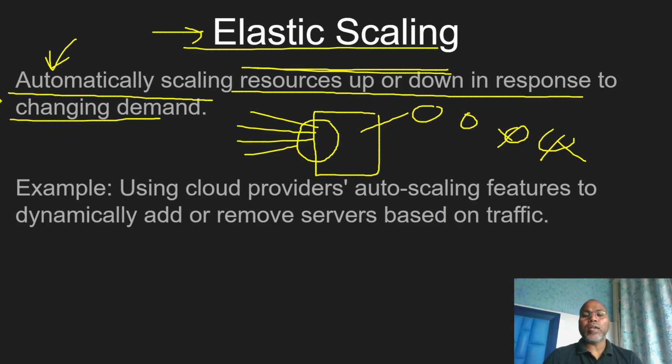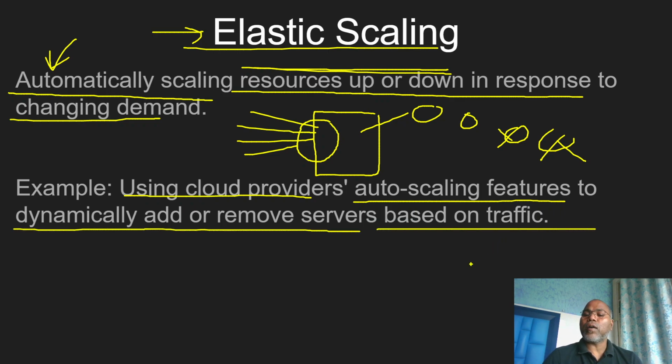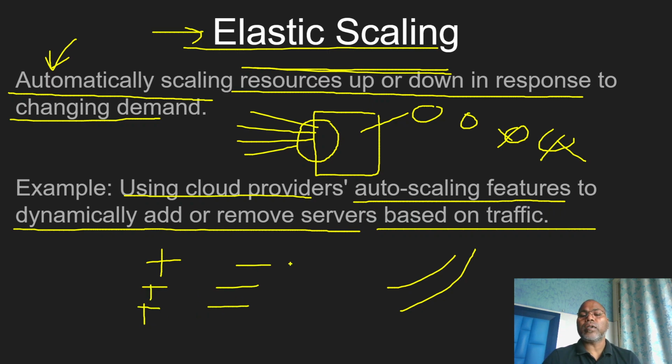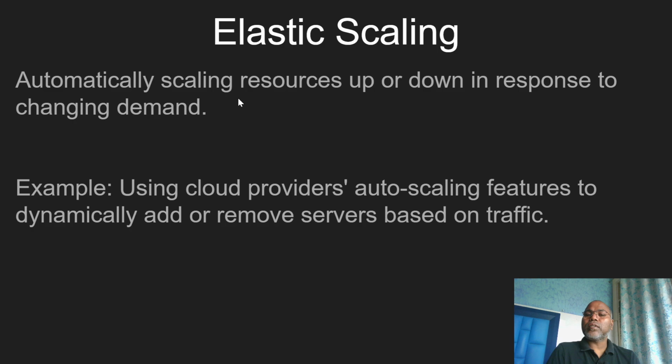Nowadays you can choose the right cloud provider; they support the auto scaling feature, dynamically adding or removing servers based on traffic. Whatever traffic comes into your system, they run an algorithm, find out the traffic usage, and accordingly increase or decrease the number of servers. Auto scaling automatically adds resources or removes servers from your system. This is considered elastic scaling.